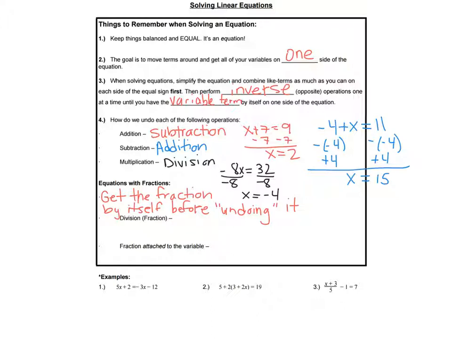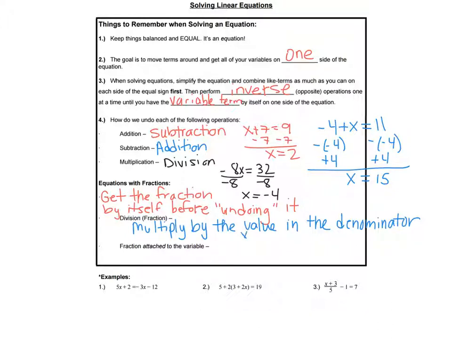So division, that's what a fraction means. A fraction means division. So to undo division, you're going to multiply by the value in the denominator. Because a fraction means to divide, so the thing in the denominator is what you're dividing by. So the inverse of division is multiplying. So to undo it, you have to multiply it by that value that's down in the bottom.